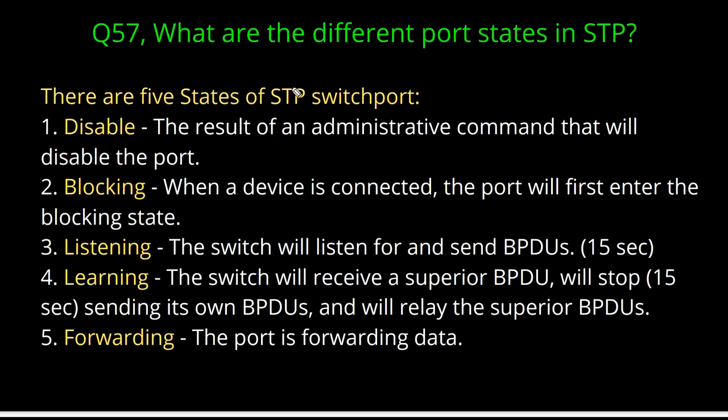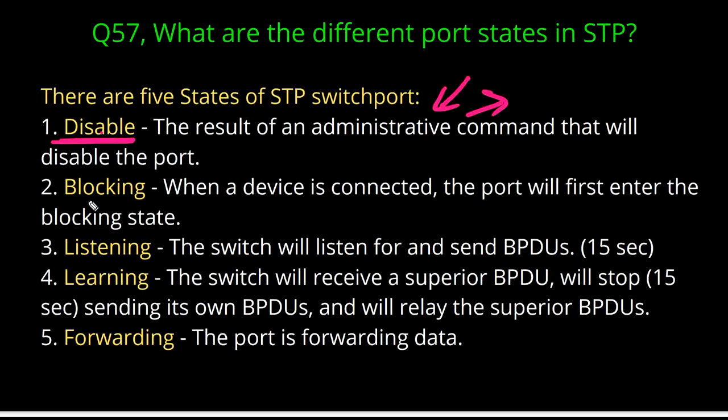So guys, if I talk about disable state, in disable state a port can't receive BPDU, can't transmit BPDU, and can't learn MAC address on that particular port. So you can say a disable port means a port is down, administratively down. That port will not send data and will not receive data, so it is considered a disabled port.